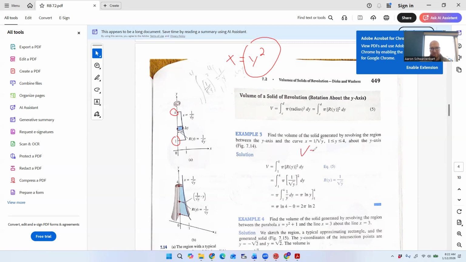But volume is pi, integral from 1 to 4, of 1 over square root of y, squared.